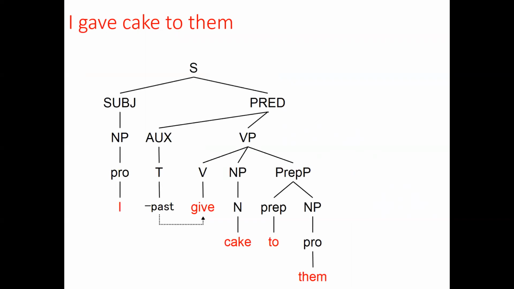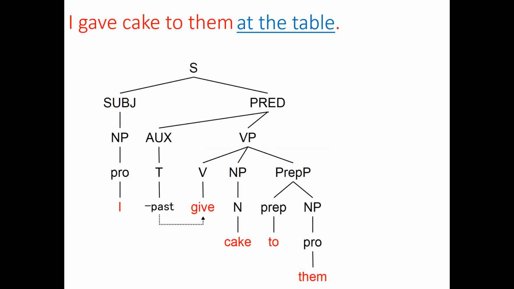Here we have the same sentence we just diagrammed with a required prepositional phrase, "I gave cake to them." Now let's add a non-essential prepositional phrase at the table to create a rather awkward sounding sentence, "I gave cake to them at the table."